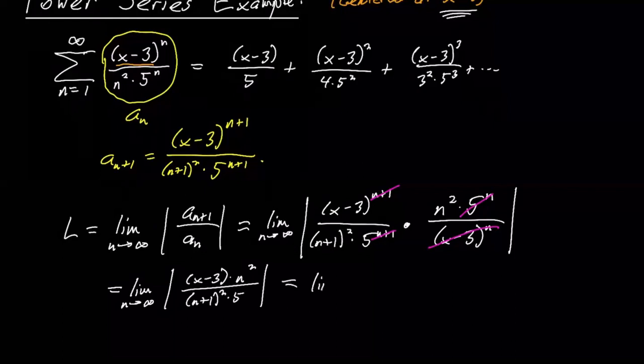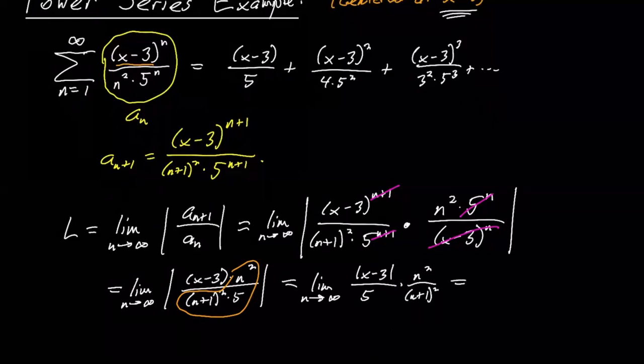And the limit only cares about n, so anything that doesn't have an n, well, actually, let me do this in 2 steps first. So again, there's the absolute value we have to deal with, but n squared, n plus 1 squared, 5 squared, these terms are positive already, so the absolute value doesn't affect them. So we can write that as the absolute value of x minus 3 over 5 times n squared over n plus 1 squared.